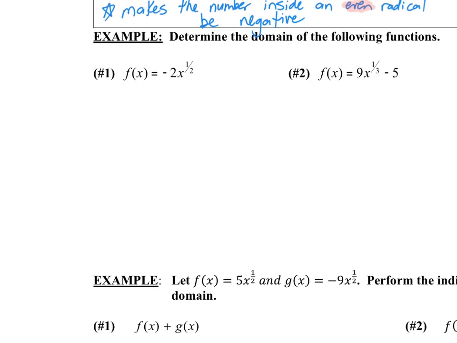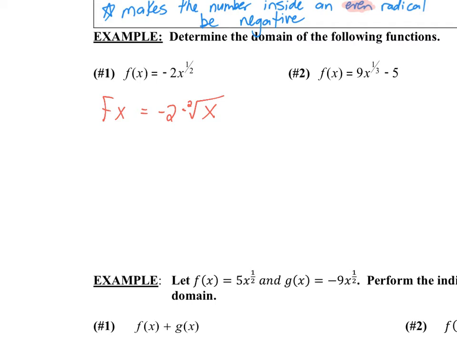Okay, so determine the domain of the following functions. Number 1, f of x equals -2 times x to the 1/2 power. Okay, and this looks kind of basic, but really what we have here is we have -2 times the square root of x. This is a times symbol, by the way.